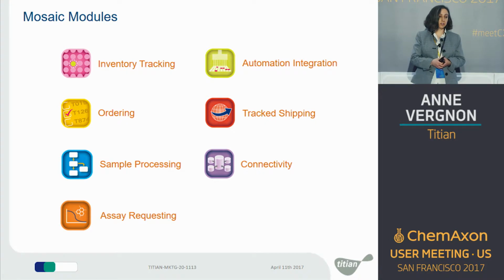Once you have established your inventory, we offer ordering, and with ordering, sample processing to fulfill these orders. As you grow and become a multi-site company and need to track samples beyond your own lab, we have track shipping and assay requesting. And all along, we offer various APIs to connect with all the other databases and software that you need to use for sample management.